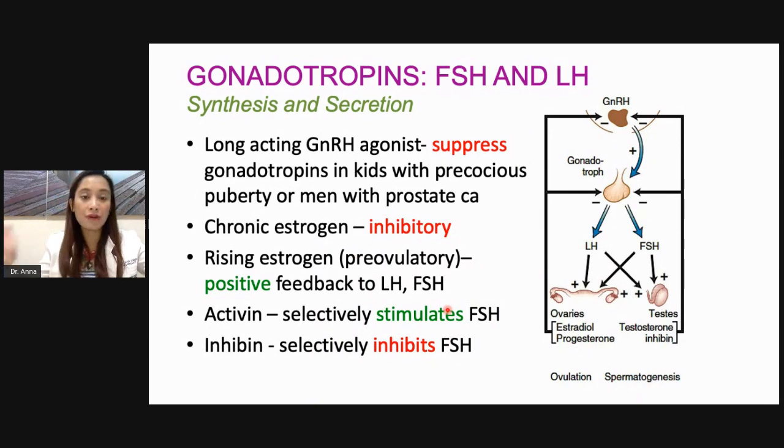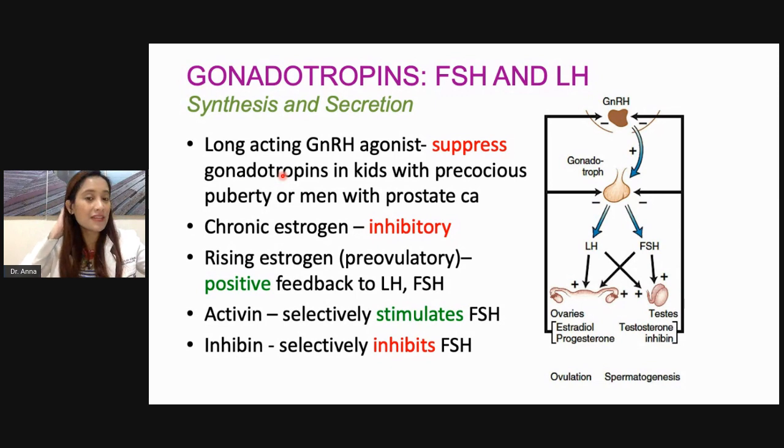Because of that, if you have a long-acting GnRH agonist, it acts like GnRH, but you lose the pulsatility of the GnRH secretion because it's long-acting. It will now suppress the secretion of your gonadotropins.